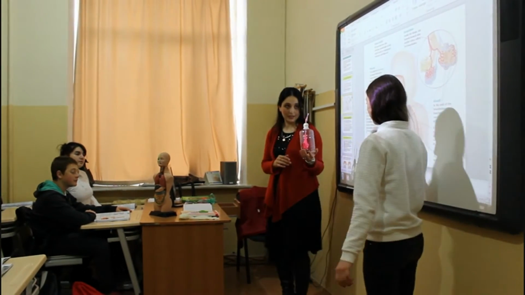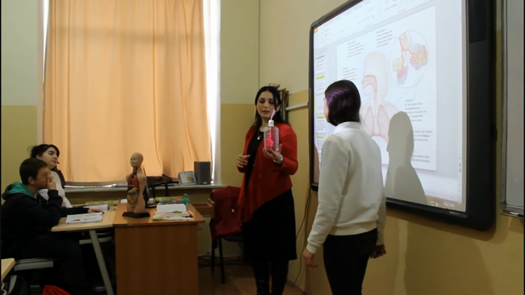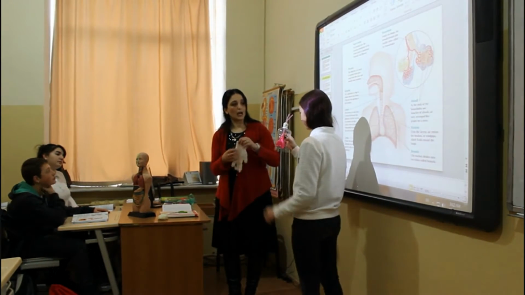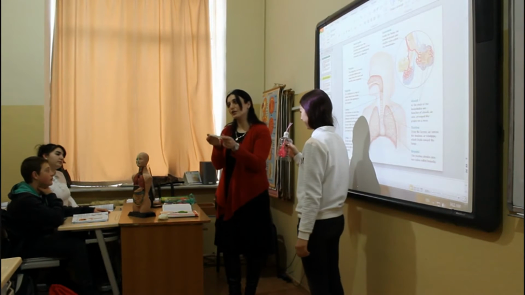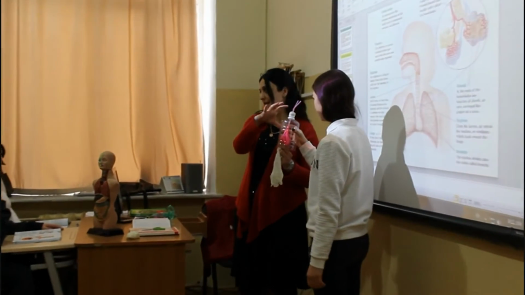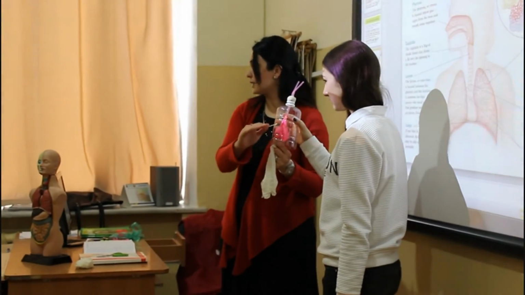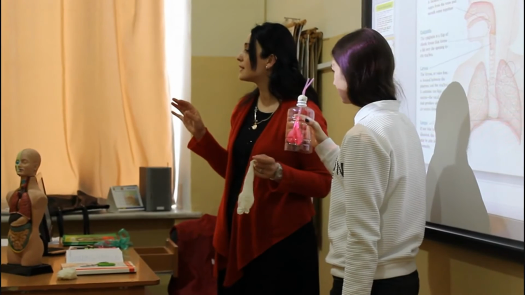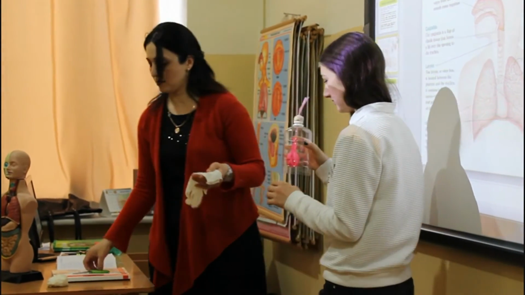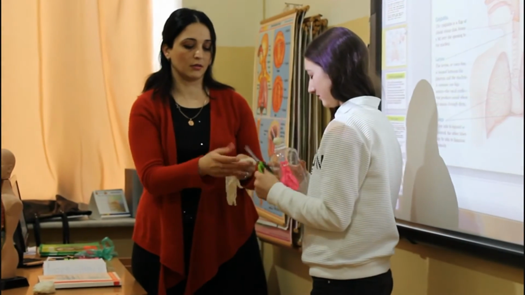The pleural cavity. Okay, now let's make the layer which has to separate the thoracic cavity and the abdominal cavity. So we already said, what's that? Diaphragm. Okay. Can you go ahead?